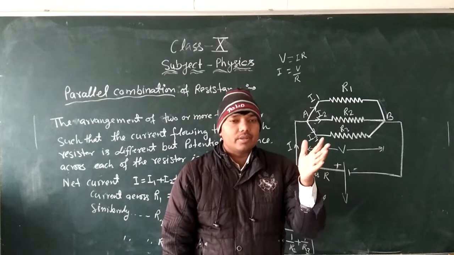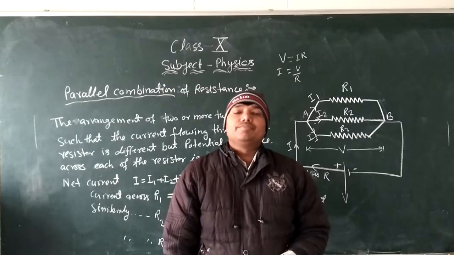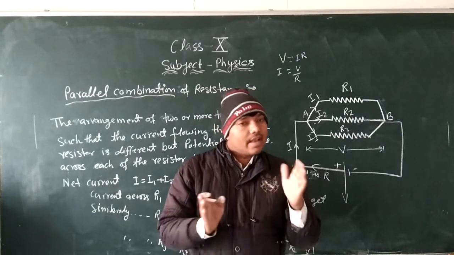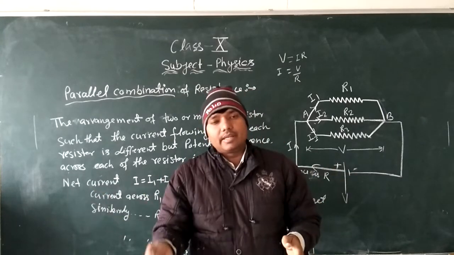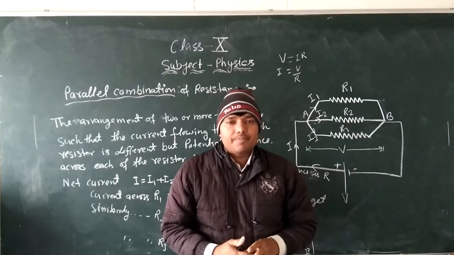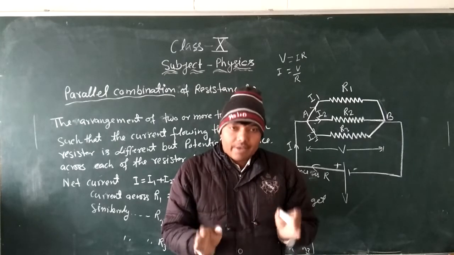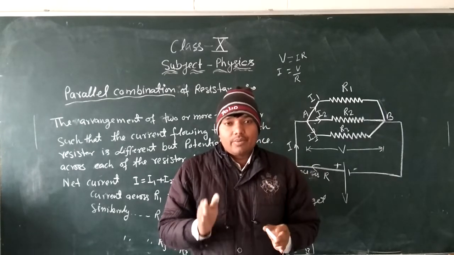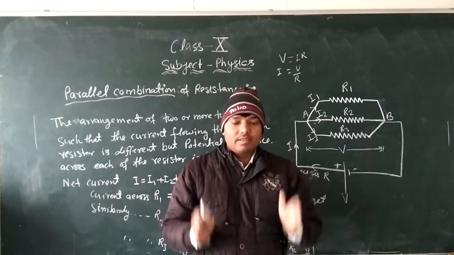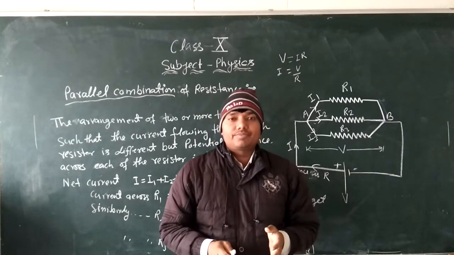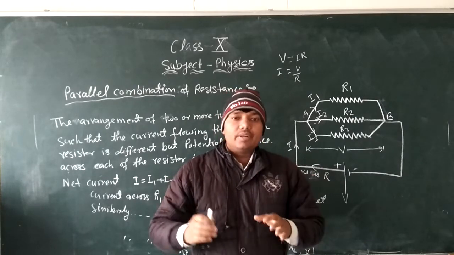That means if you select 2 and 4 as two resistors in parallel combination, then their resultant resistance lies between 2 and 4, not below 2 and not above 4. But in series combination, the resultant resistance never lies between the given resistances; it is always more than the upper resistance. This is the process to check your calculations.